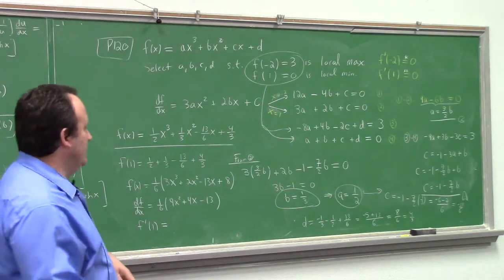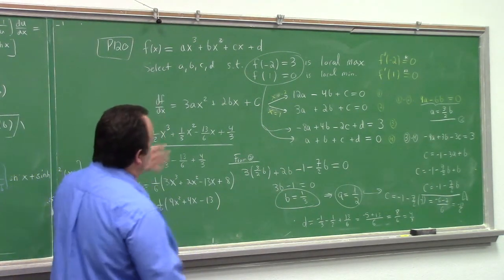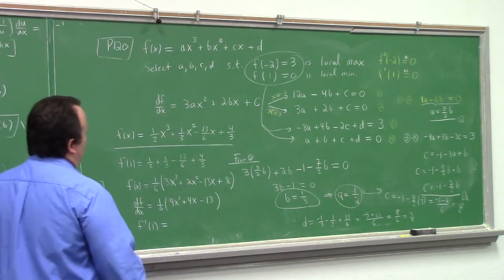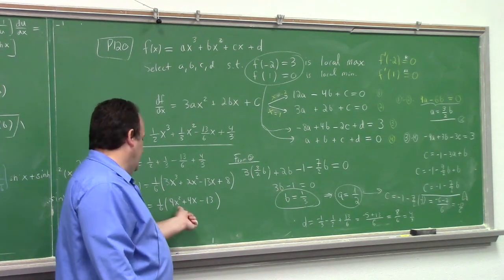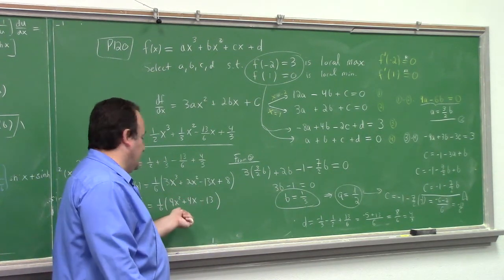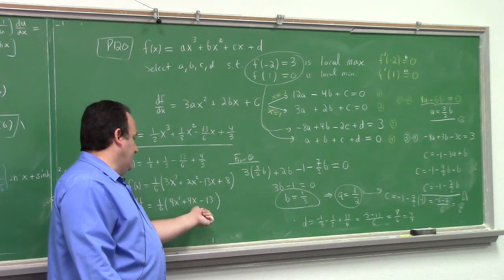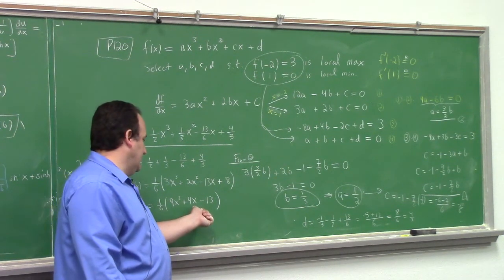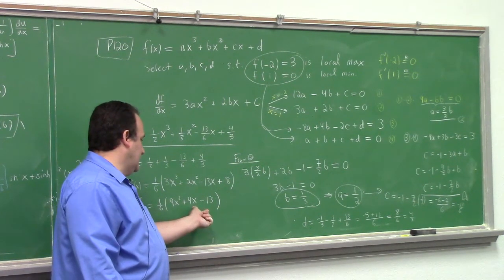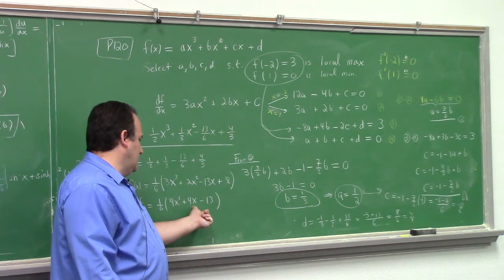That's a good sign. Is f prime of 2 zero? Well, plug in minus 2 rather. Minus 2. 36 minus 8 minus 13.